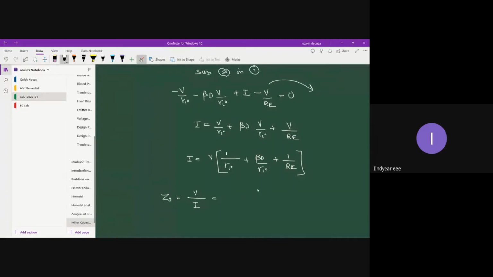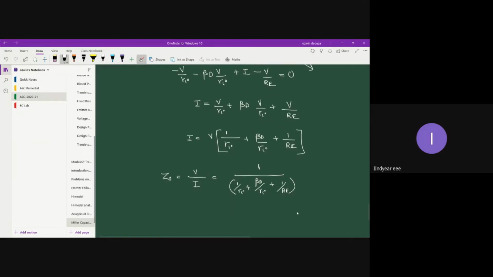So Z0 is basically the reciprocal of all these, so that's 1 by Ri plus beta d by Ri plus 1 by Re.